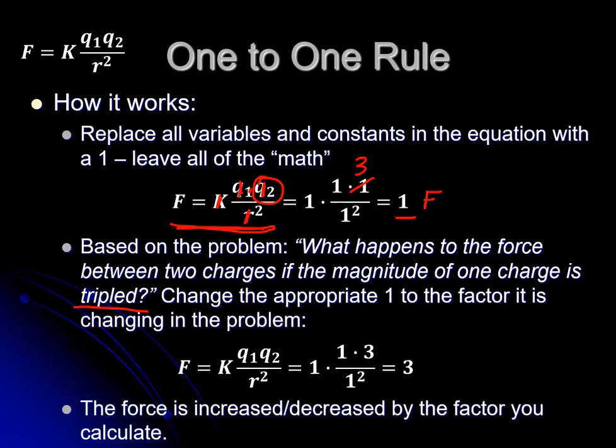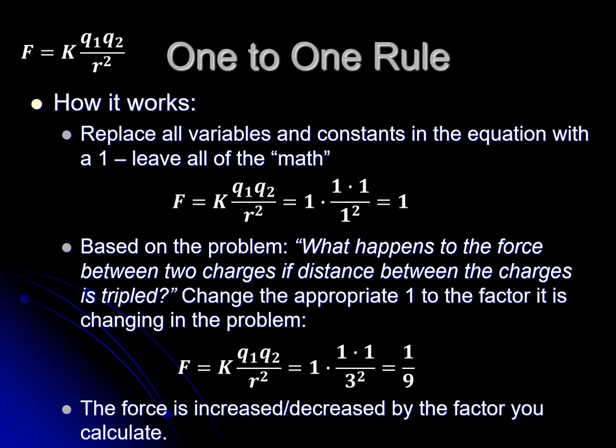That's going to become a 3. So here I have it typed up here. So 1 times 3 divided by 1 squared is equal to 3. So the force is 3 times the original force. So the force has tripled. The force has increased by the factor that I calculate. So the force is increased by a factor of 3.